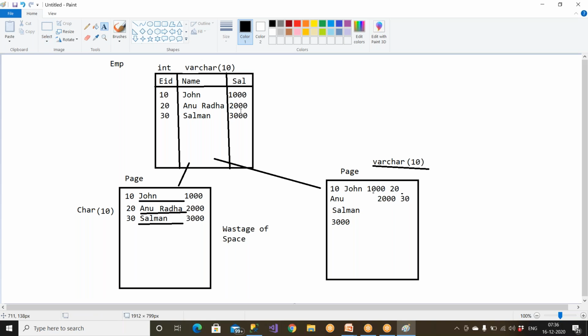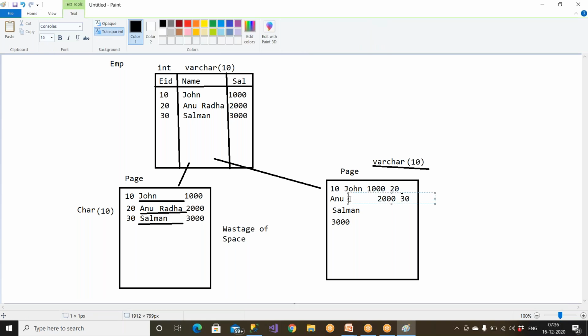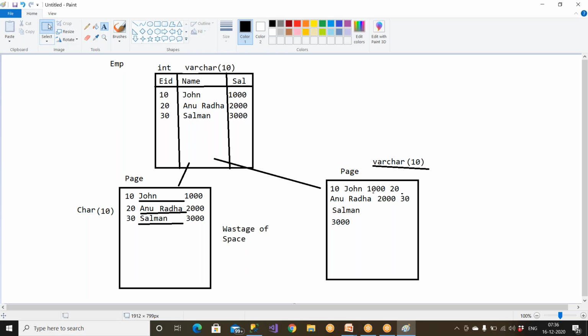SQL Server is going to accommodate the space. It will not give you an error, but it is trying to accommodate the address and the space. That is where the issue starts.